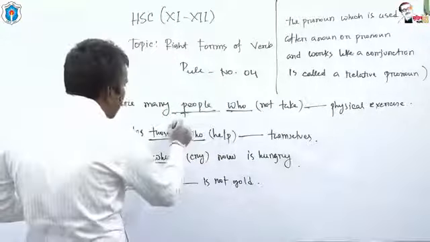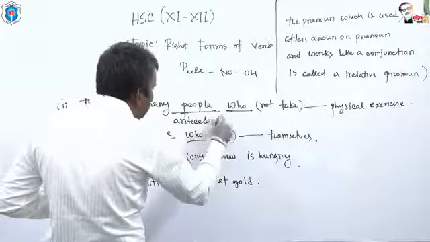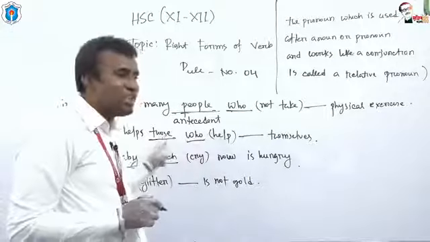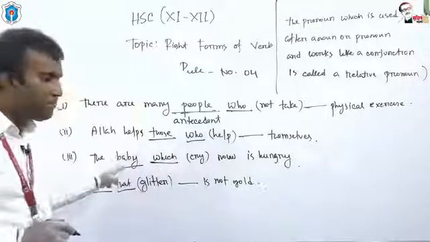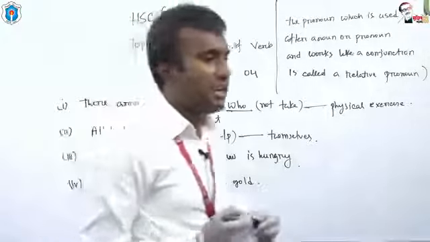Definitely people. What is the antecedent of the second example? Definitely those. The third example? Baby. The fourth example? All. Is it clear to you?